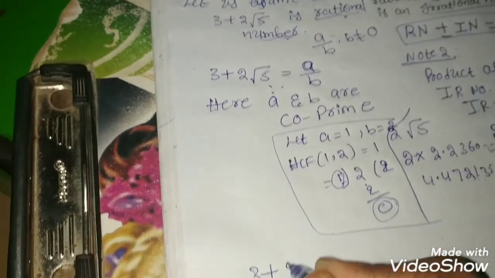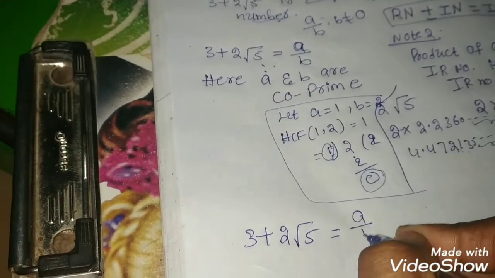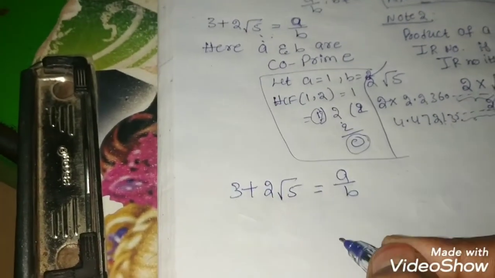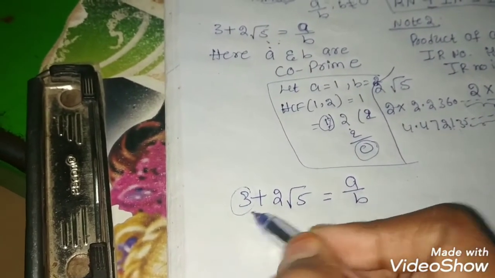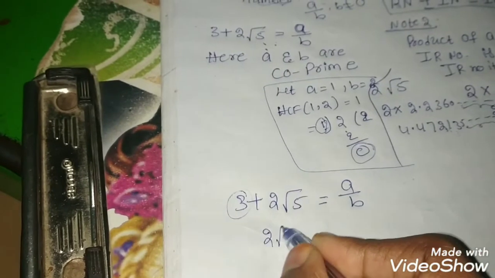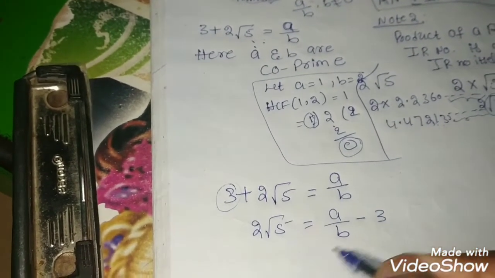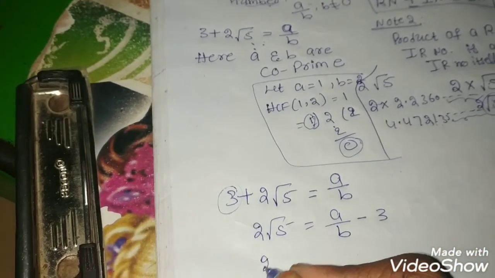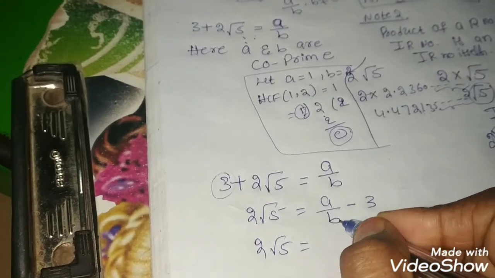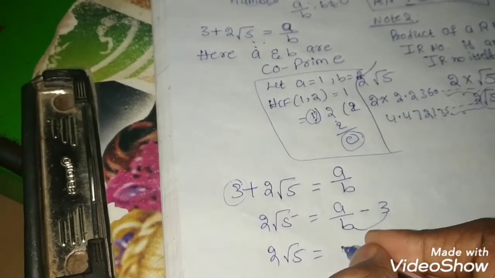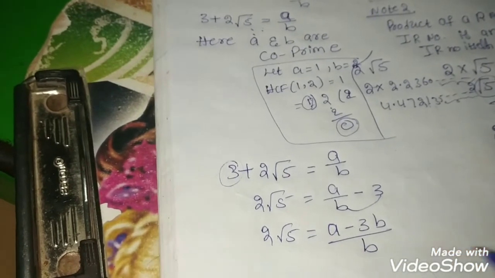Next, 3 plus 2 root 5 is equal to a by b. Why don't we send the rational number to the right side? 2 root 5 is equal to a by b minus 3. Now we multiply 3 by b, so 2 root 5 is equal to a minus 3b by b.